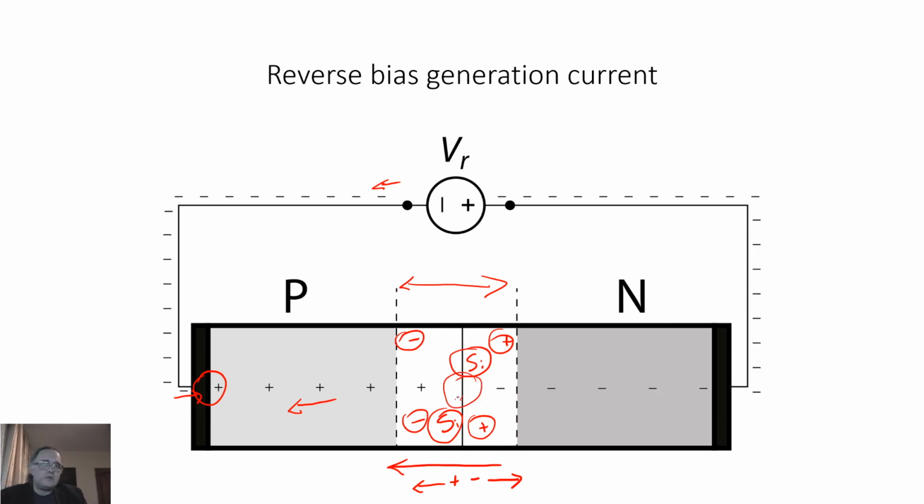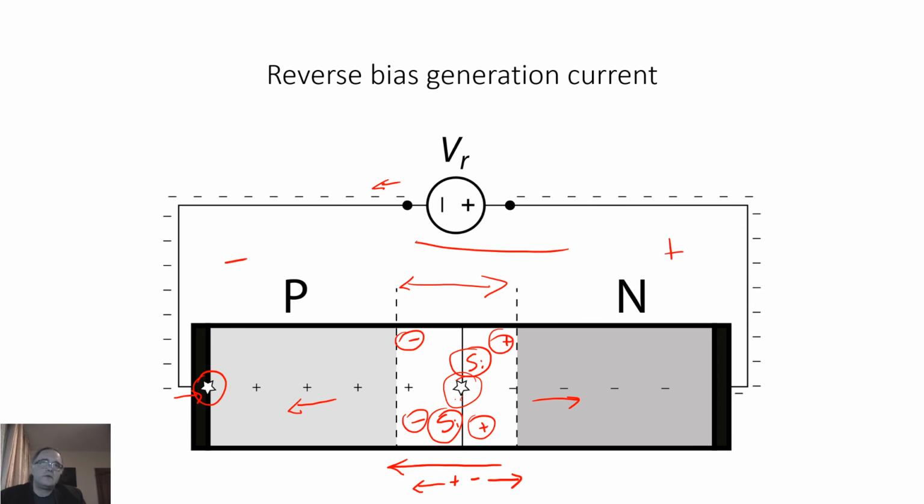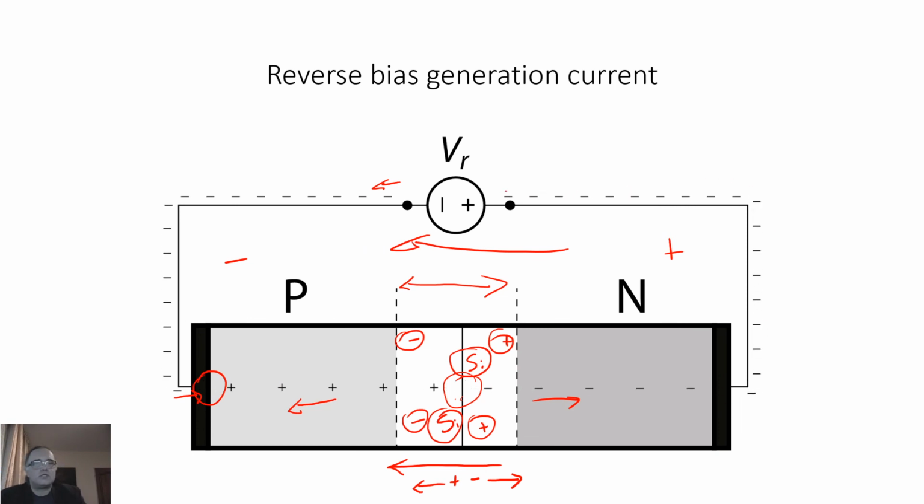Then the electron that is also generated travels due to drift forces in this direction. Keep in mind that the electric field is reversed in this direction, so the electron drifts in this direction, and here through the metal plate it completes its journey to the positive side of the externally applied reversed bias voltage.